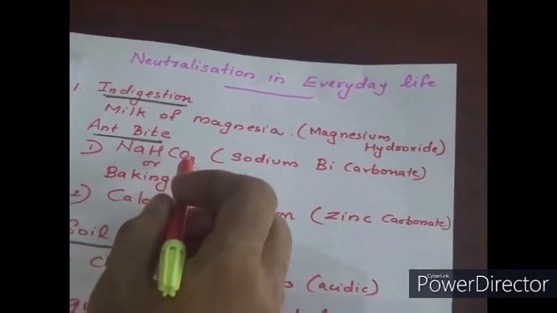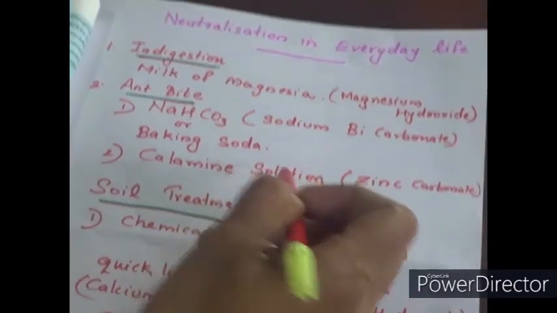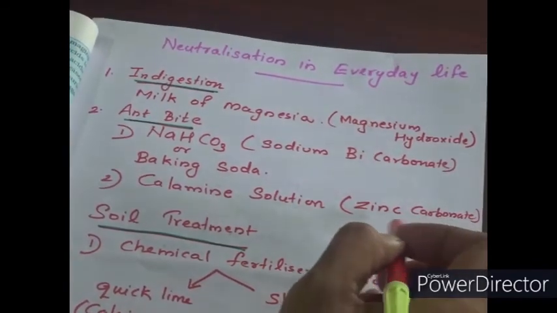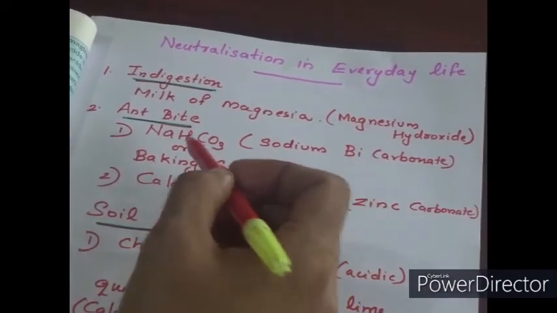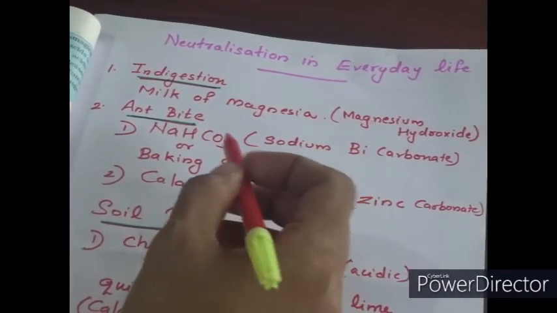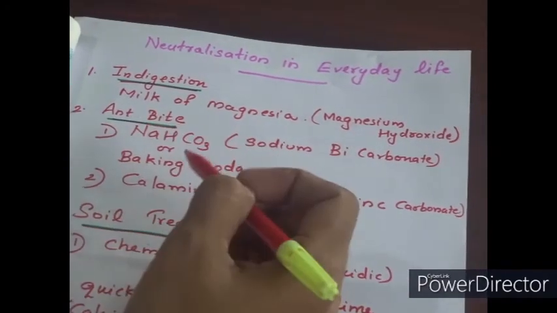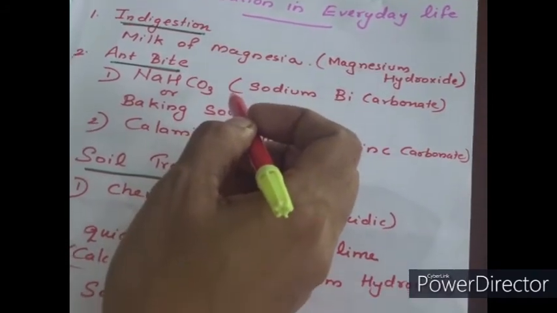Sodium bicarbonate is a base and calamine solution contains zinc carbonate, which is again a base. Either sodium bicarbonate or calamine solution can be used to neutralize the ant bite or the itching effect caused by formic acid.